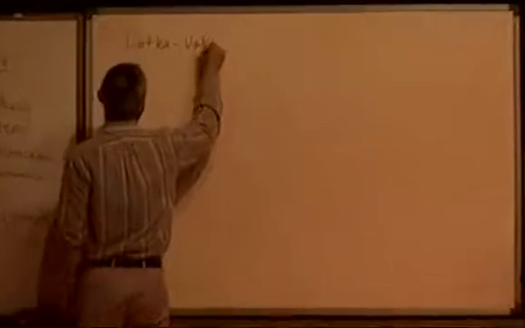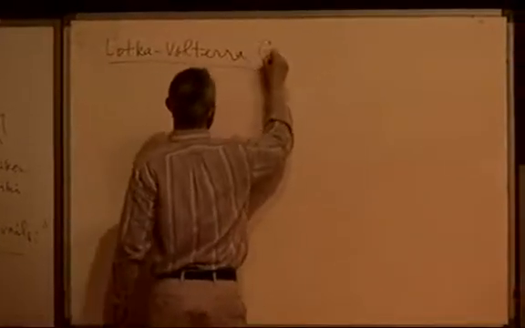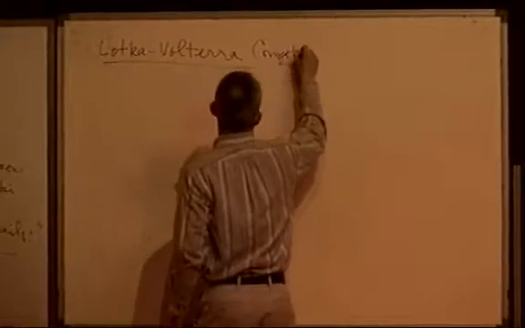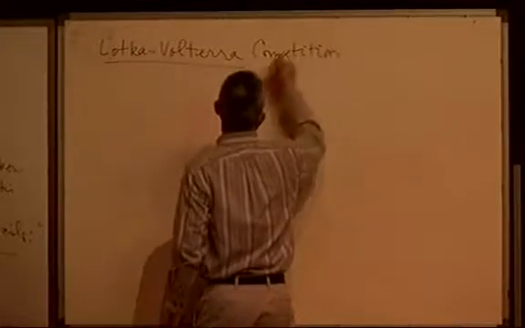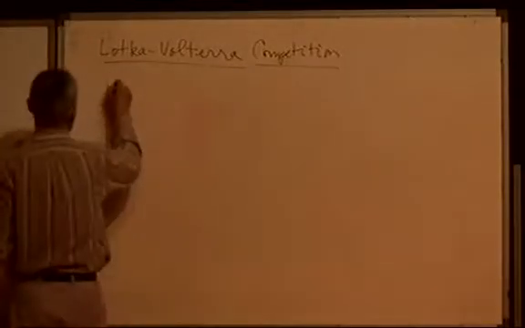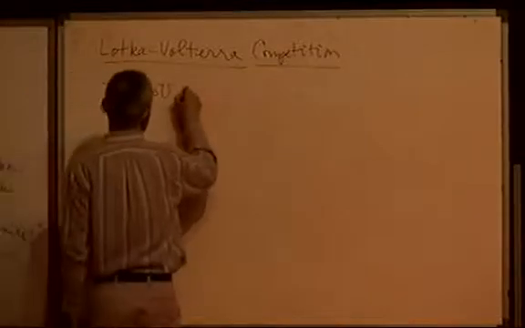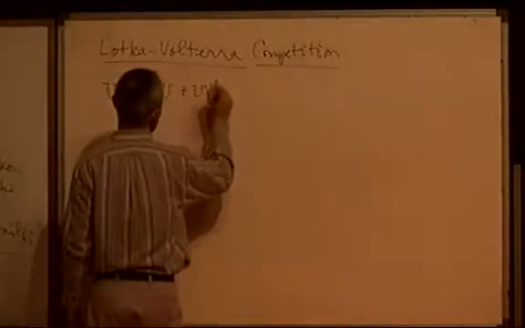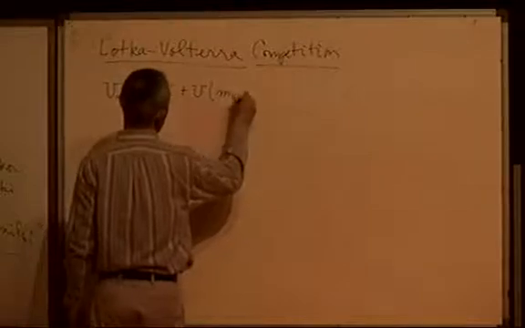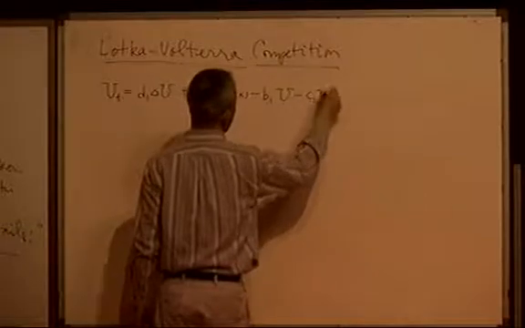So this is the Lotka-Volterra competition system. Ut is D1 Laplacian U plus U(M1(x) minus B1 U minus C1 V).